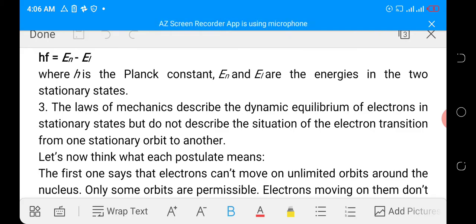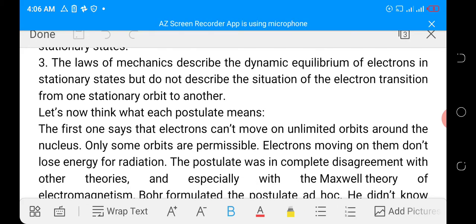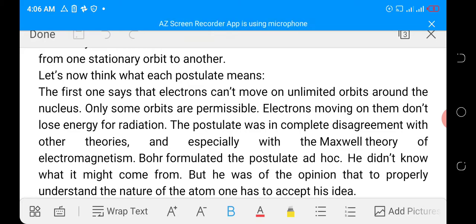Let's now think what each postulate means. The first one says that electron can move only on limited orbits. That is, there is a limitation to how electron can move in its orbit around the nucleus. Only some orbits are permissible, and the only permissible orbits are the ones in which the momentum of the electrons is quantized.